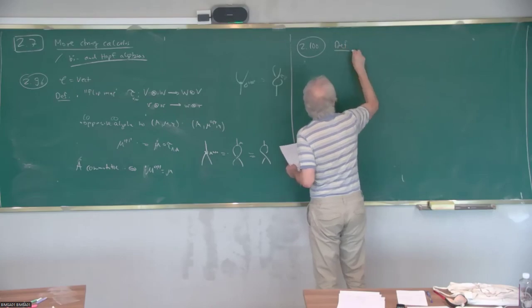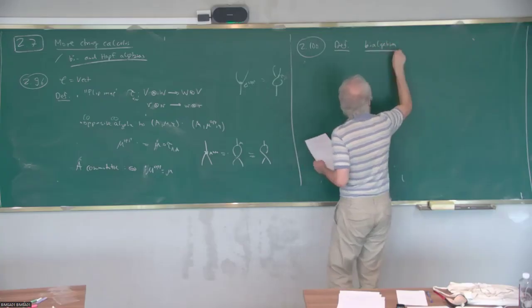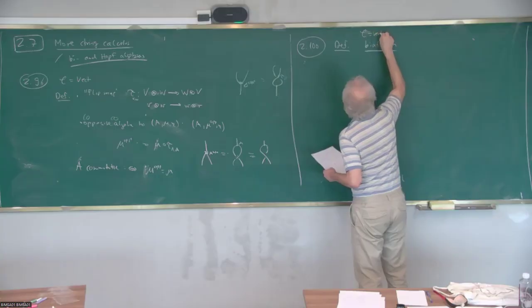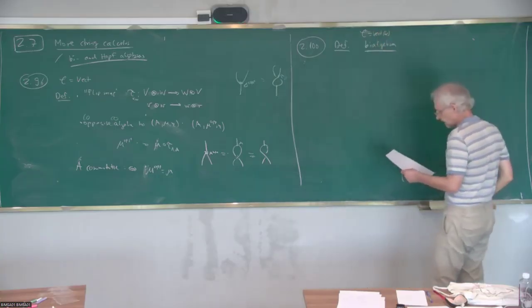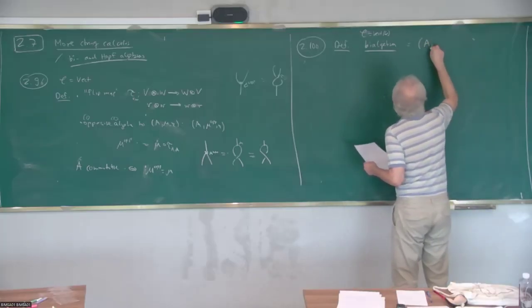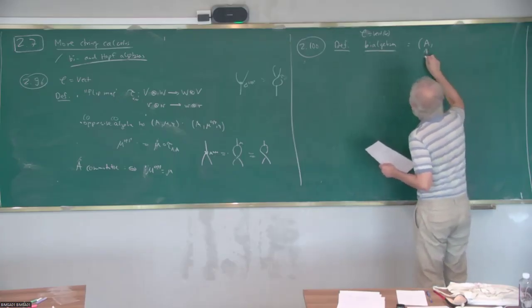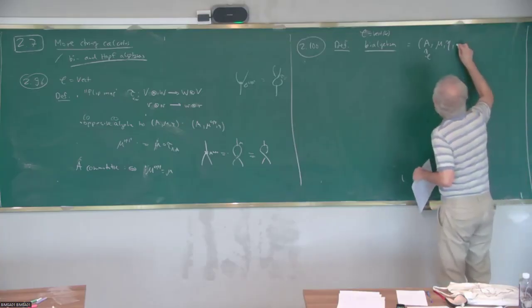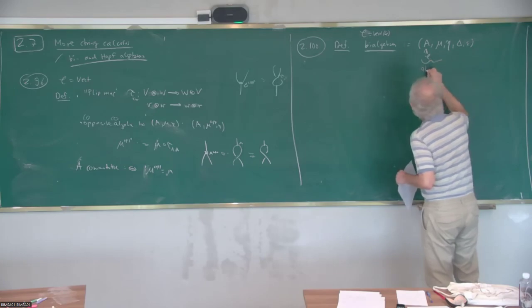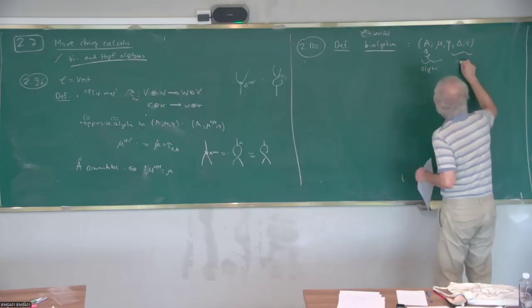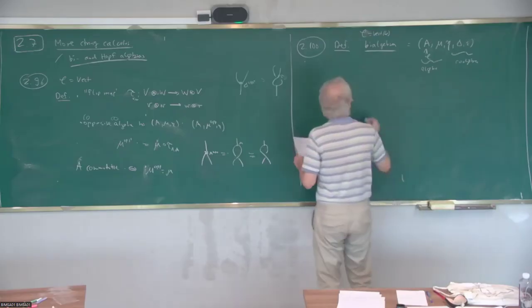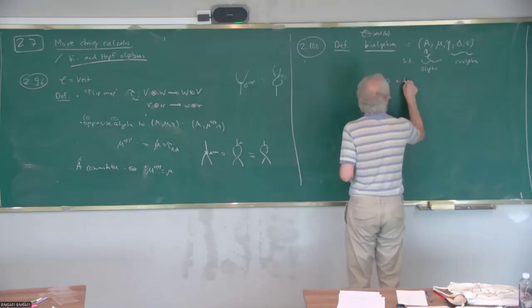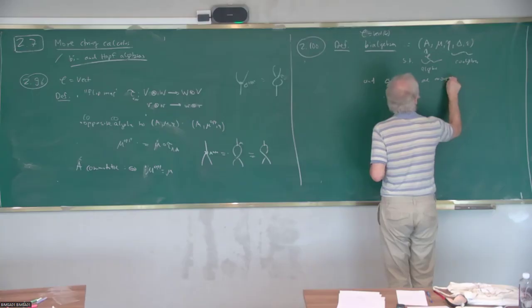So we say a bi-algebra in K, for now we are still in K, is a quintuple consisting of a vector space and morphisms mu, eta, delta, epsilon, such that here we have an algebra, together with A we have a co-algebra, and delta and epsilon are morphisms of algebras.